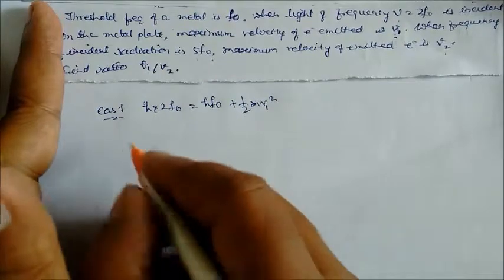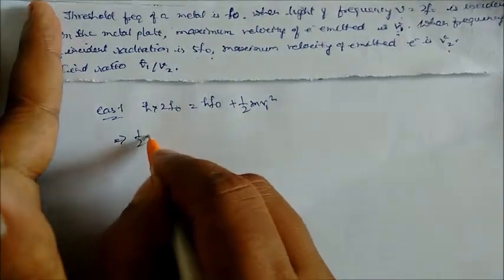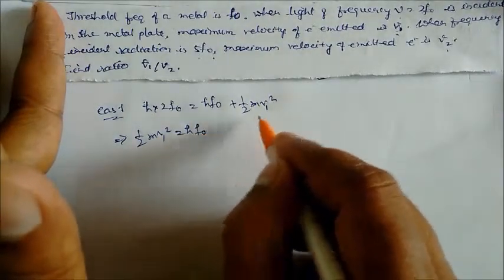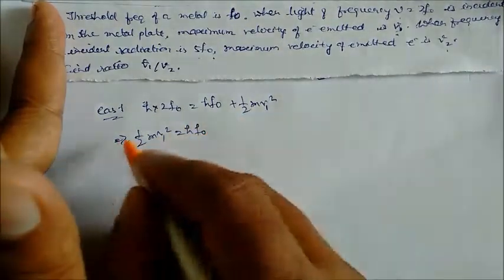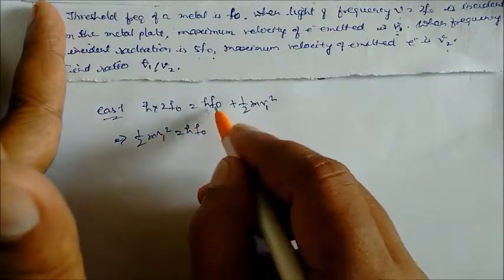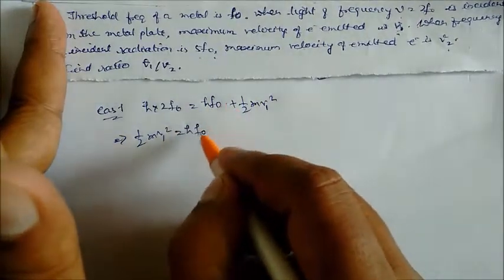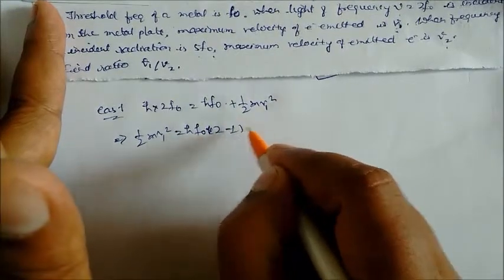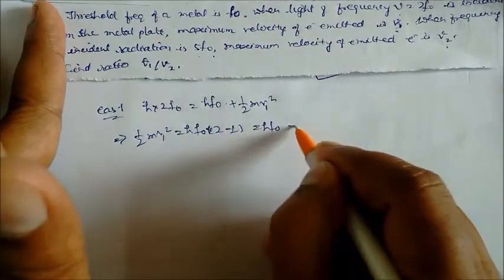So half m v1 square will be h into f0. If you take this to this side, it is h f0 into 2 minus 1, that is equal to h into f0. This is case 1.